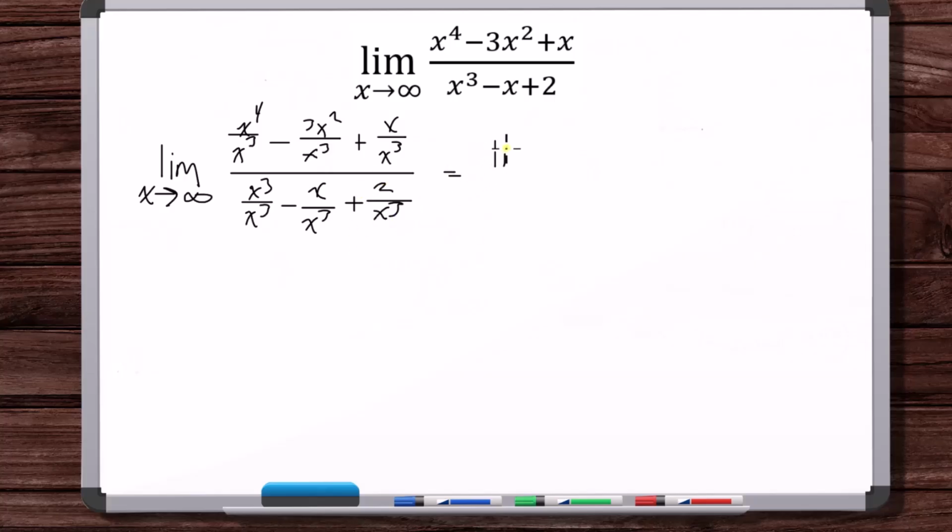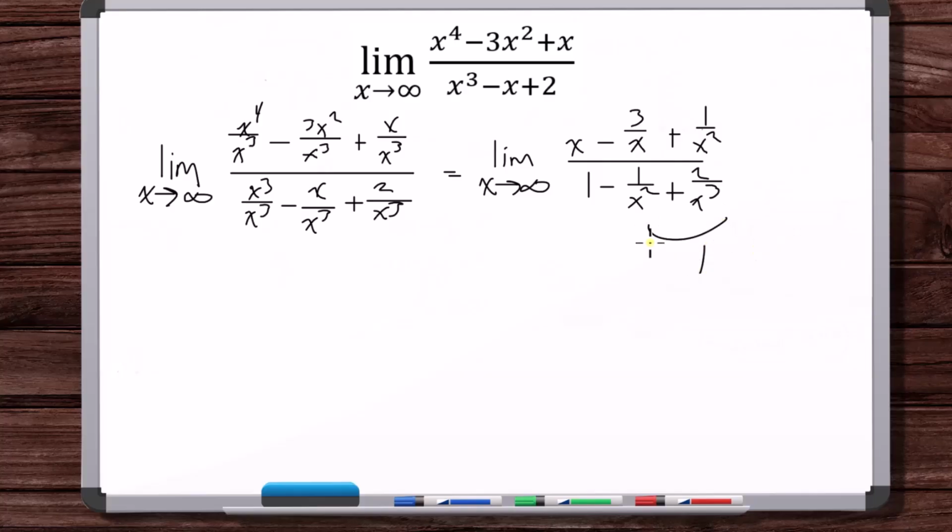So x minus 3 over x plus 1 over x squared, 1 minus... So as x goes to infinity, the denominator goes to 1, and all of this goes to 0, and you're just left with this x here. So we can say that this limit as x goes to infinity approaches x, which is where slant asymptotes come from. As x gets bigger and bigger, the output of the function is getting closer and closer to the line y is equal to x.